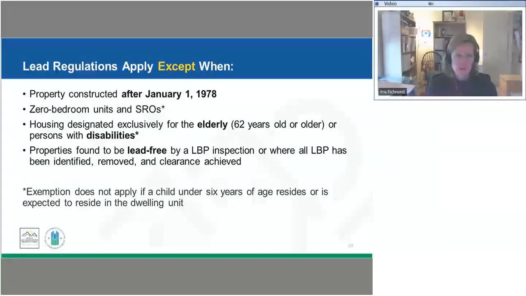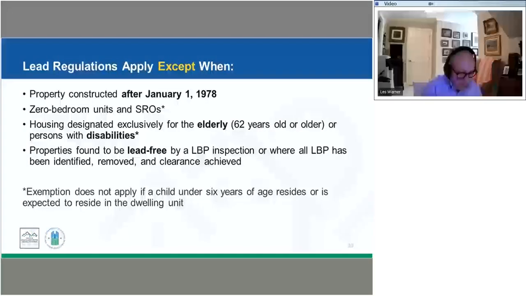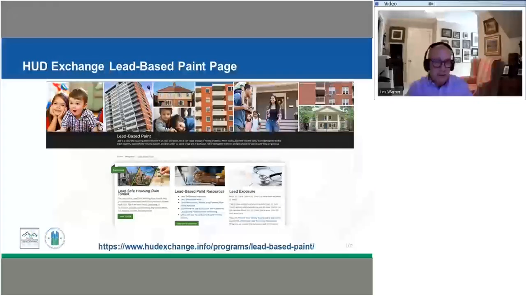If you go to the main landing page, you can get to any of these resources and recorded trainings off of the landing page. Maybe you can pull up the slide with the landing page again. So this is the landing page, and as part of this, if we could scroll down, there is a box to click on for trainings.